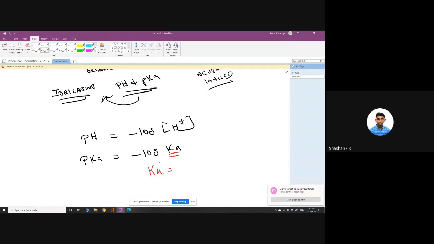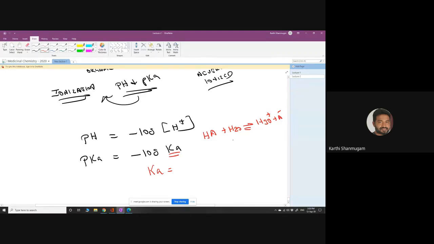Sir, concentration of the H3O plus and concentration of the conjugate base. So okay, I write the reaction here. Say the reaction is HA plus H2O gives H3O plus and A minus. If this is the acid-base reaction, can you tell the Ka?